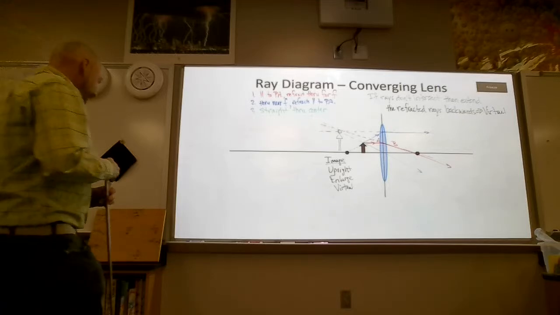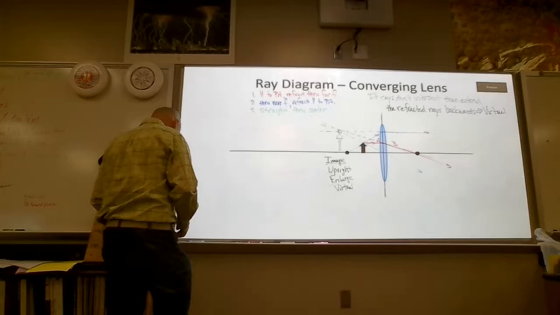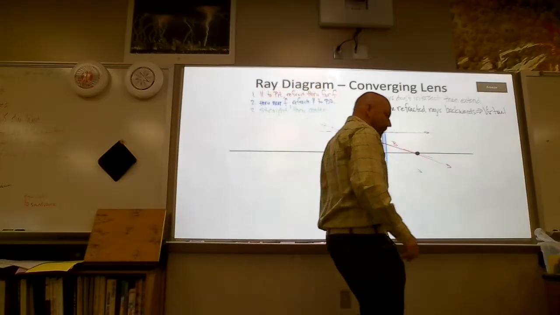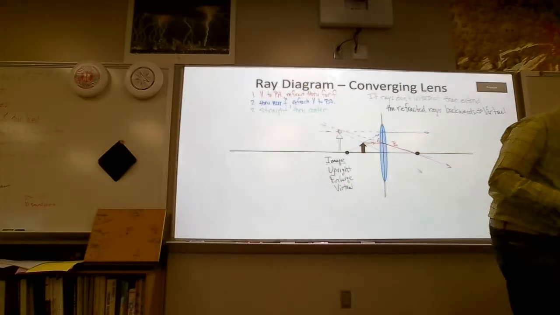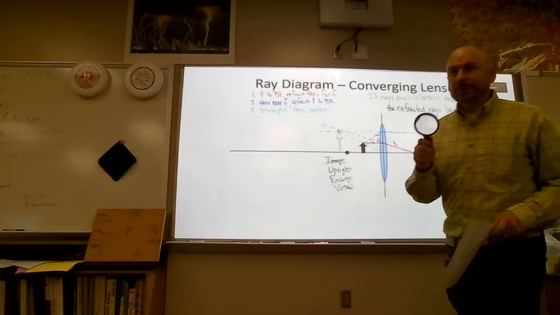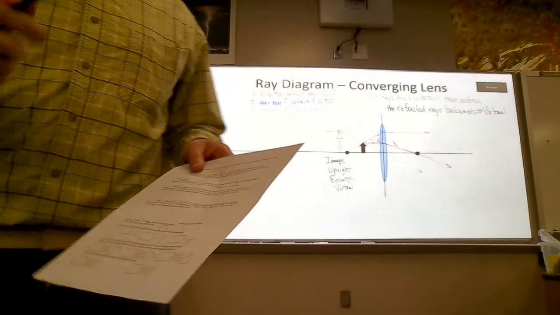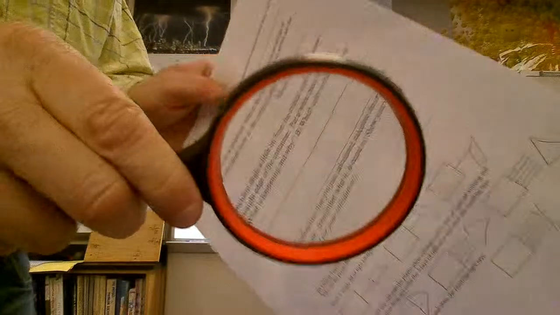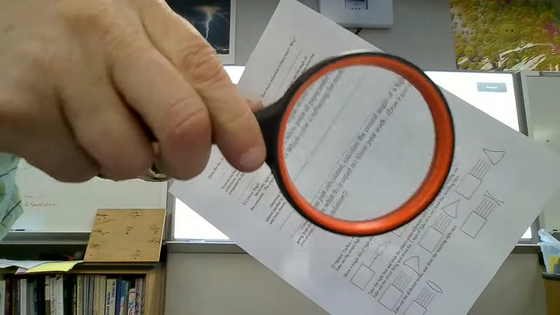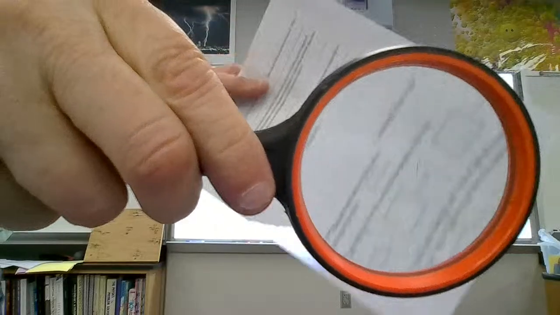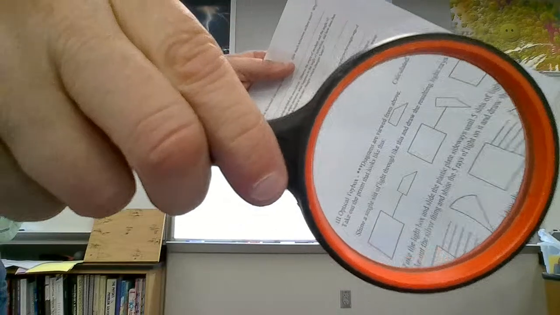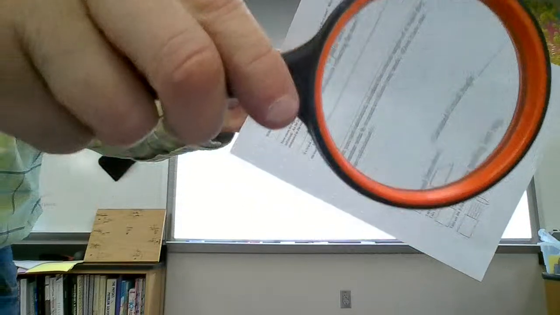Okay? And this is what we use a magnifying lens for. So take your lens, magnifying glass, and bring it closer. Like put the object closer. This is why we use a magnifying lens.